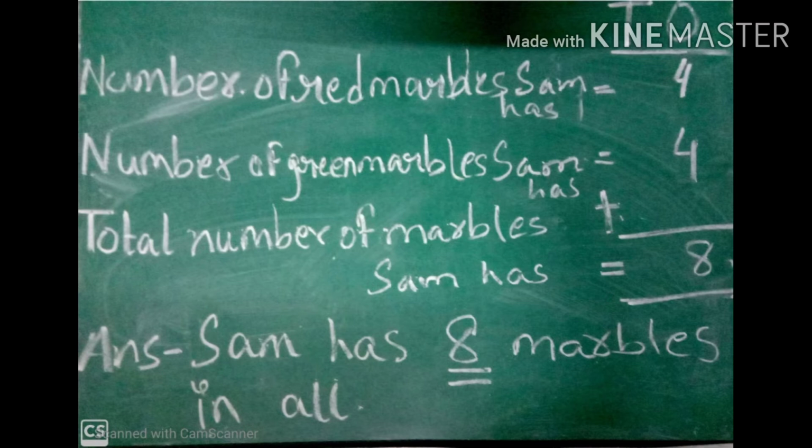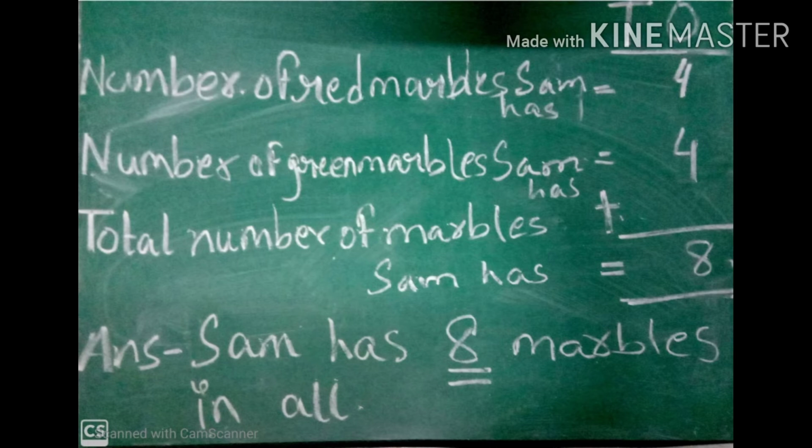Number of green marbles Sam has equals to 4, again under the ones column. And before it we are going to write the plus sign. Then the third statement will be total number of marbles Sam has.